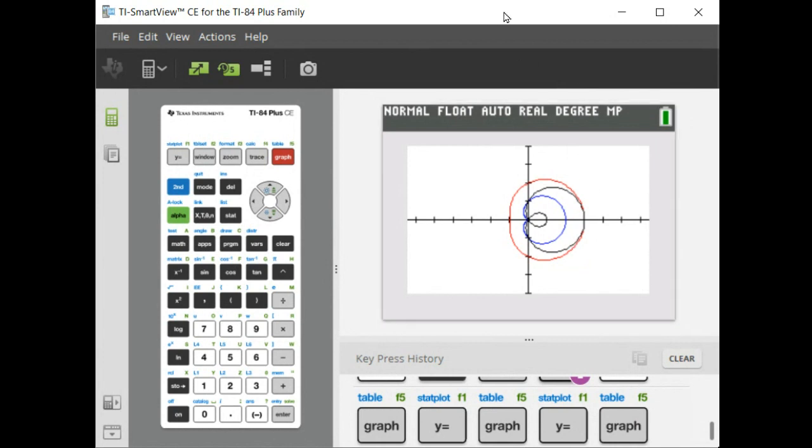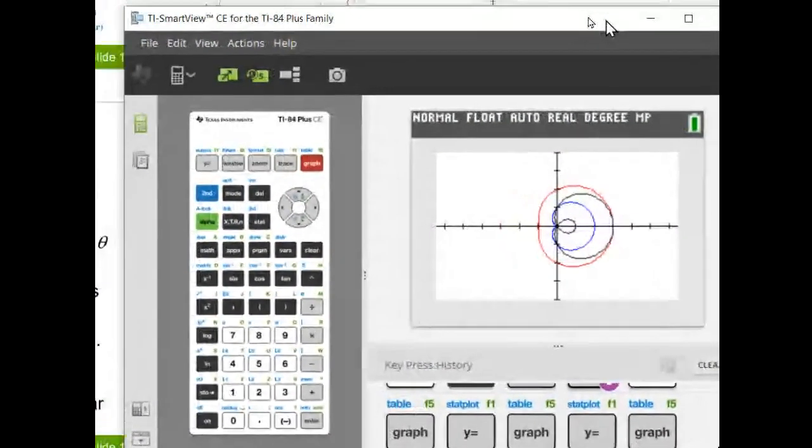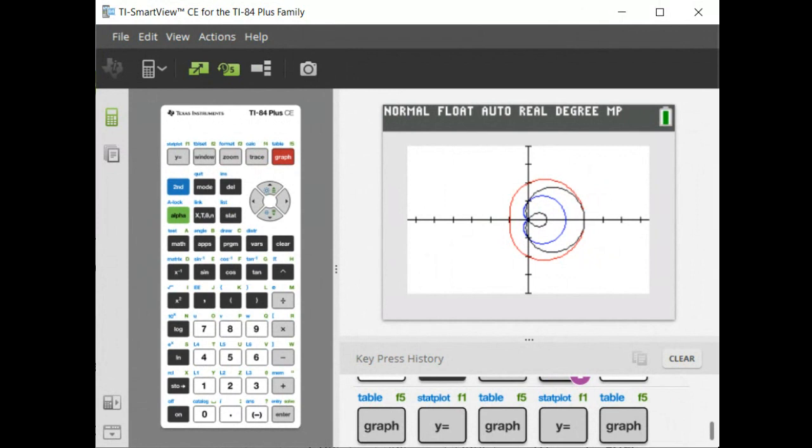Okay. So now let's go back to the whiteboard and let's look at some form.